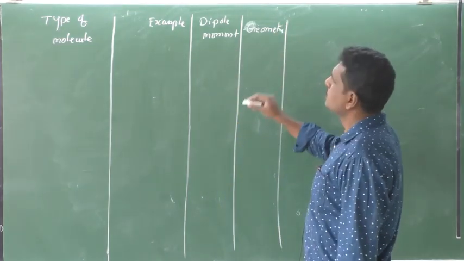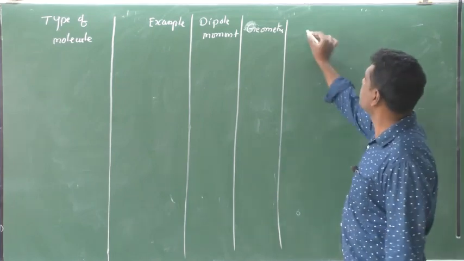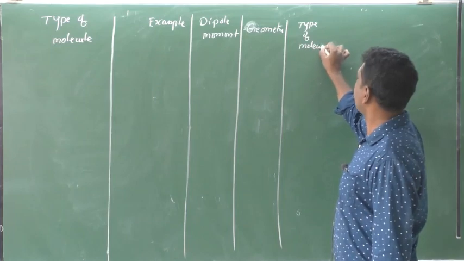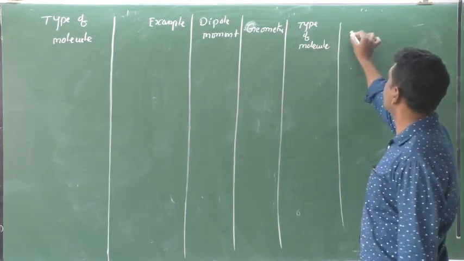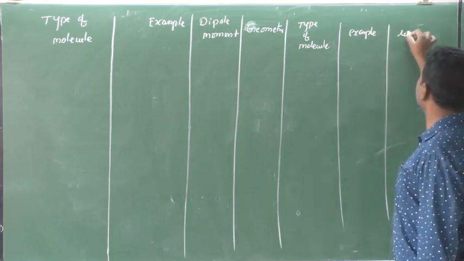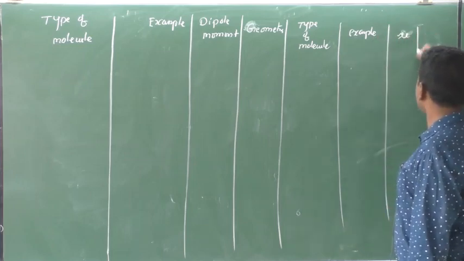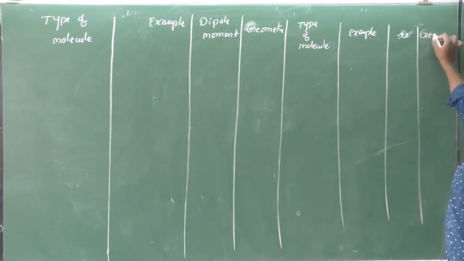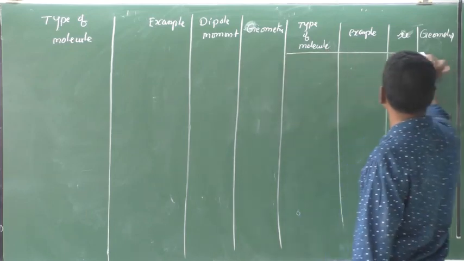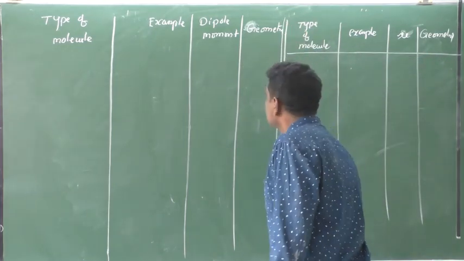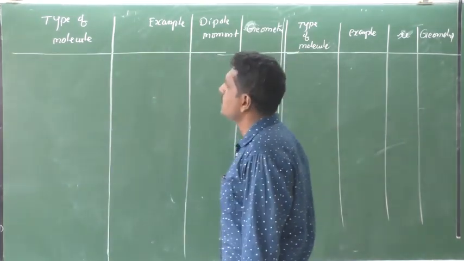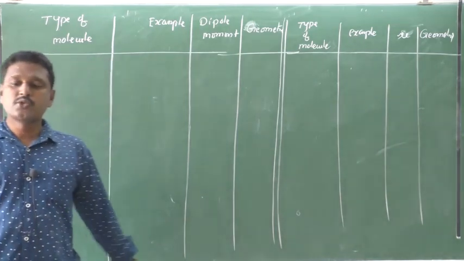Same table I will repeat here also: type of molecule, example, mu, and geometry. Geometry means the shape of the molecule. The first one is AB type molecule.